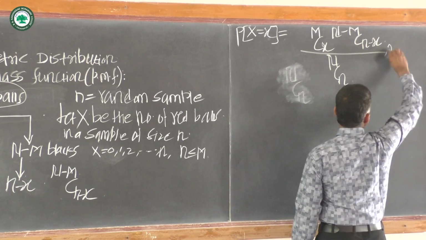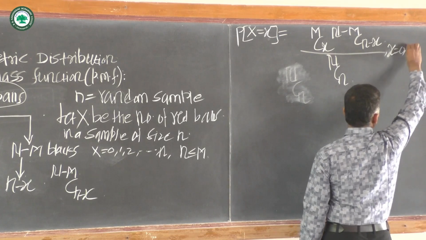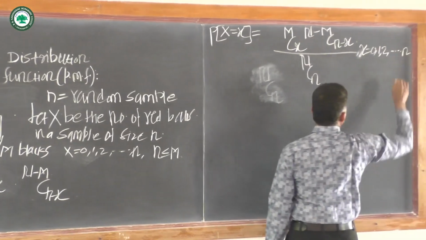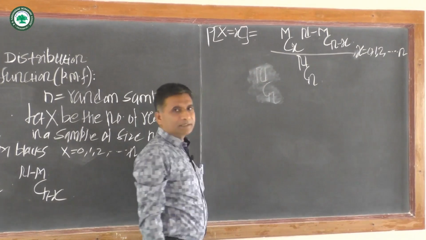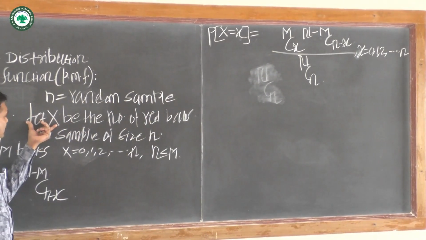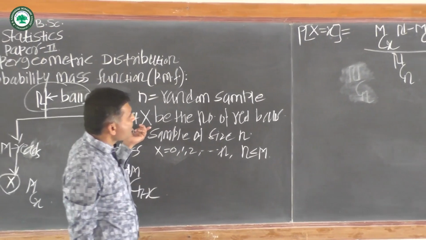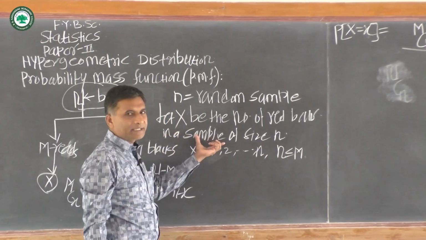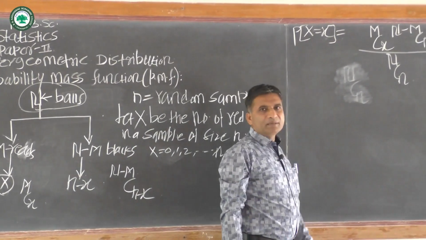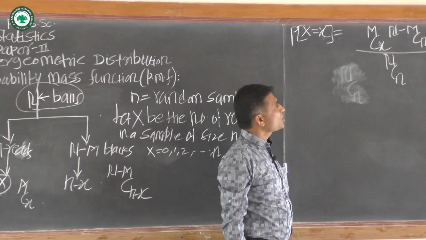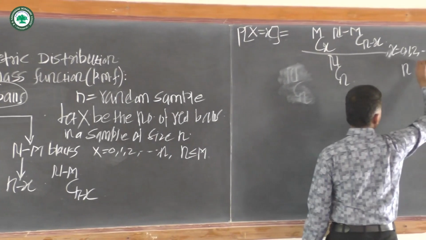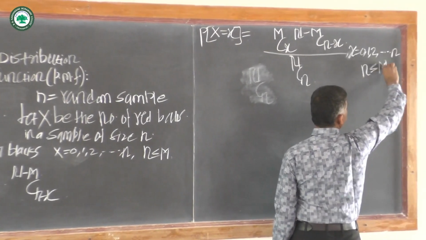Here x takes values 0, 1, 2 up to n, and this is the probability mass function of random variable x. The random variable x is the number of red balls in a sample of size n, and this is the probability mass function of the hypergeometric distribution. Here assume that small n is less than or equal to M.